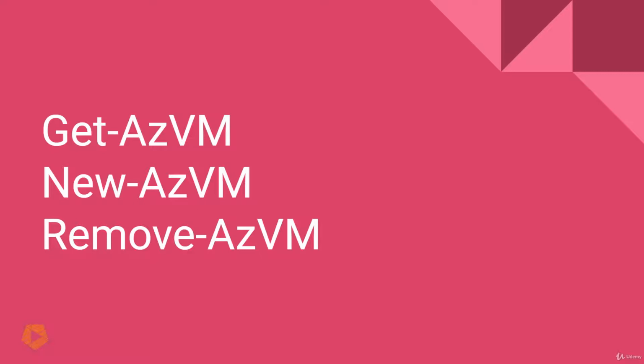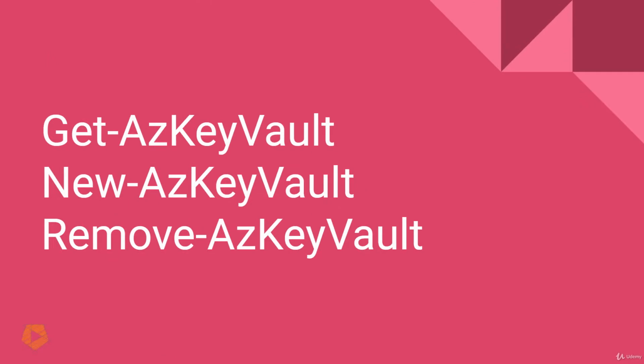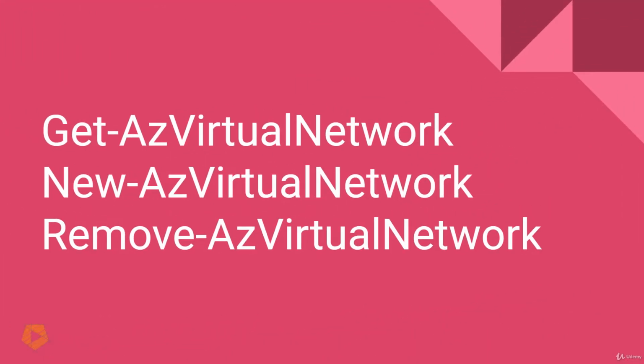Instead of create, it's New. Instead of delete, it's Remove. So there's not that consistency between the verb names between PowerShell and CLI, but the same way that you can go from service to service and have the same naming structure, you go Get-AzVM for virtual machines, Get-AzKeyVault for Key Vaults, and Get-AzVirtualNetwork for virtual networks.